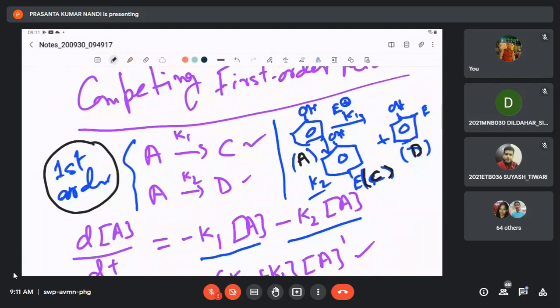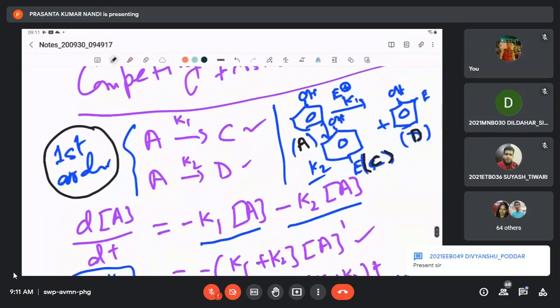Now, suppose we write down the overall rate of formation, or rate of accumulation, of A. That would be equal to minus, because A has been consumed in both steps, so naturally a negative sign would be there, and we can write minus K1A minus K2A.